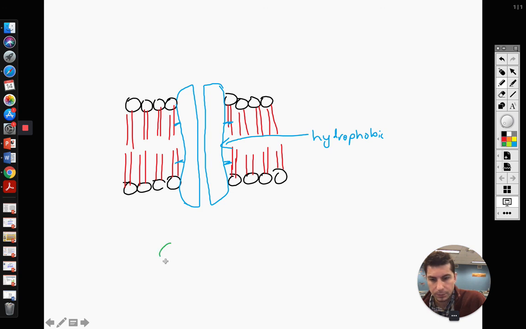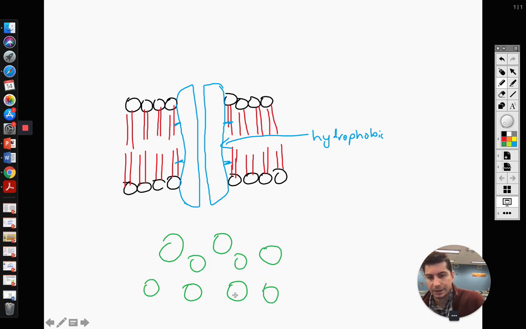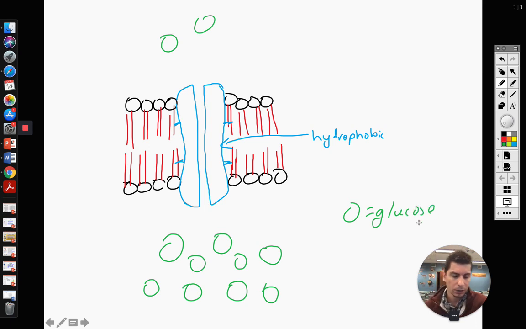Okay? So, let us draw some solute particles. Okay? We're going to say these are glucose. Okay? And we're going to say this is an environment inside the cell on this side, and that's an environment outside the cell. Now, glucose, large polar molecule, C6H12O6.